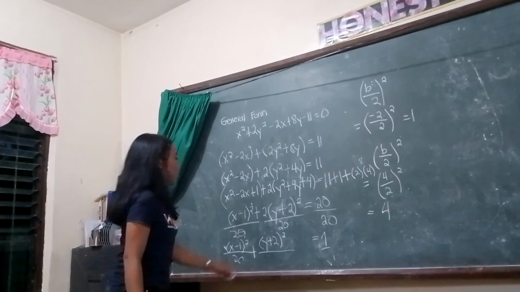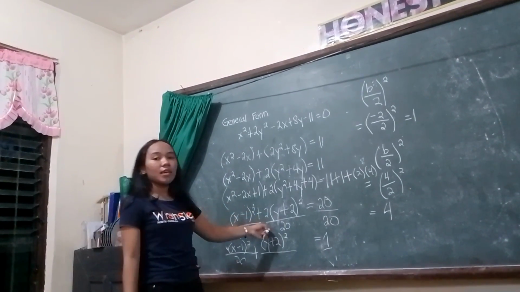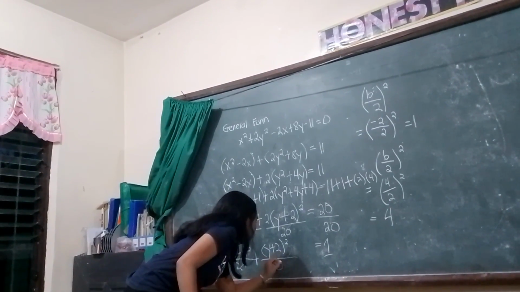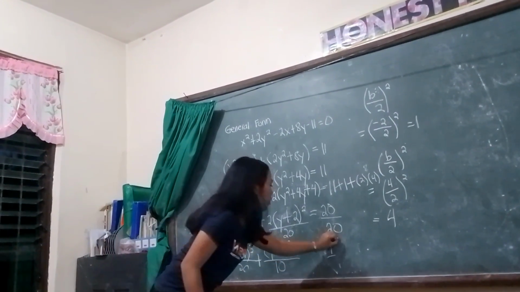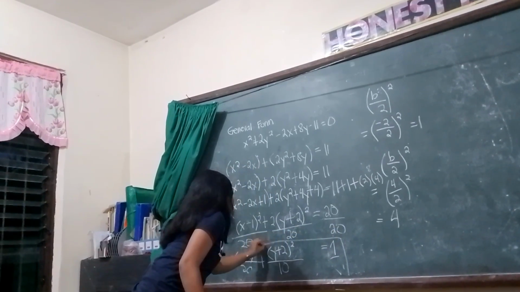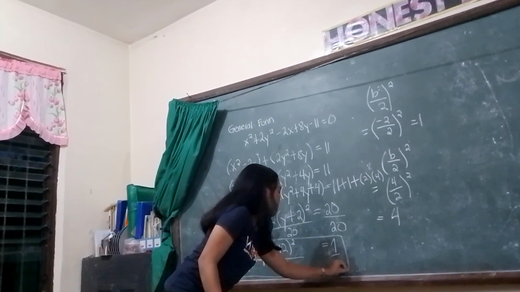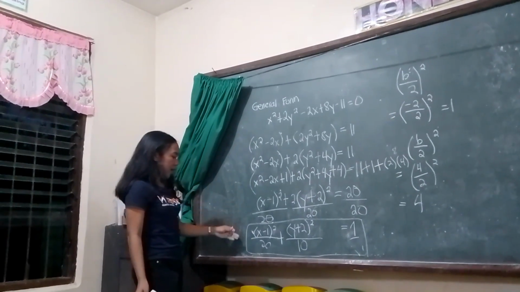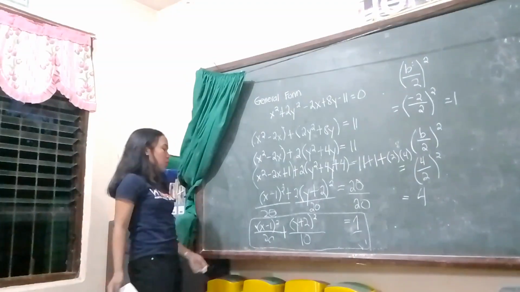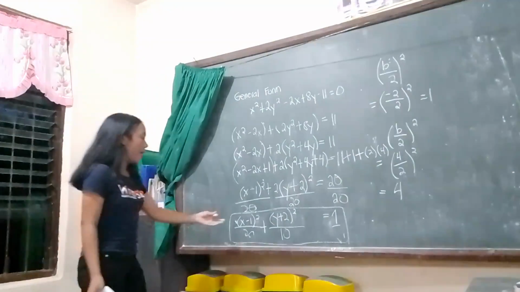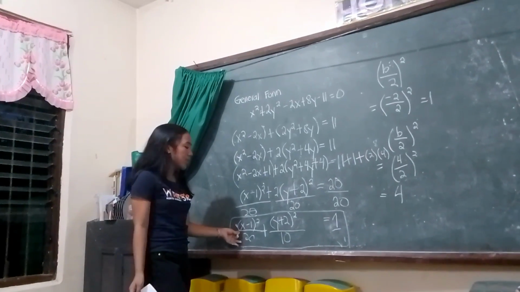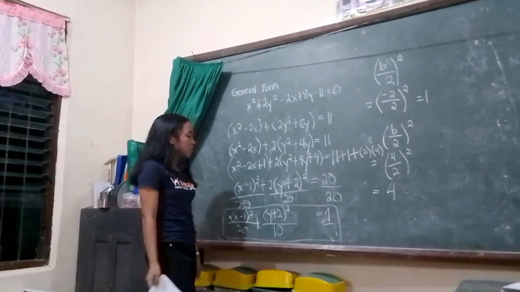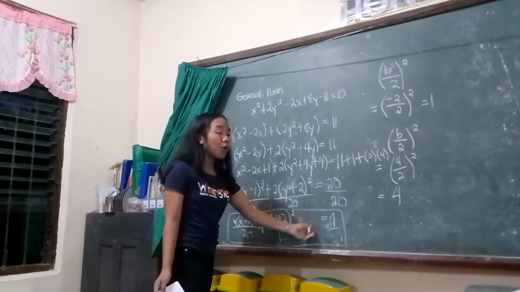So 2 and 20 can be simplified into 10. Therefore, from this general form, we can now have our standard form, which is (x minus 1) squared all over 20 plus (y plus 2) raised to the power of 2 all over 10 is equal to 1.